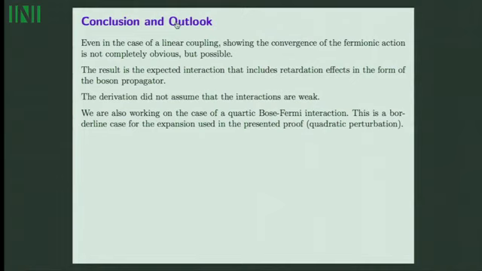So, I mean, what I showed you was an exercise. It was not really very hard, but it was surprising that you seem to run into obstacles, but it all works out very nicely when you use the techniques we have. And the derivation did not assume in any way that the interactions are weak.